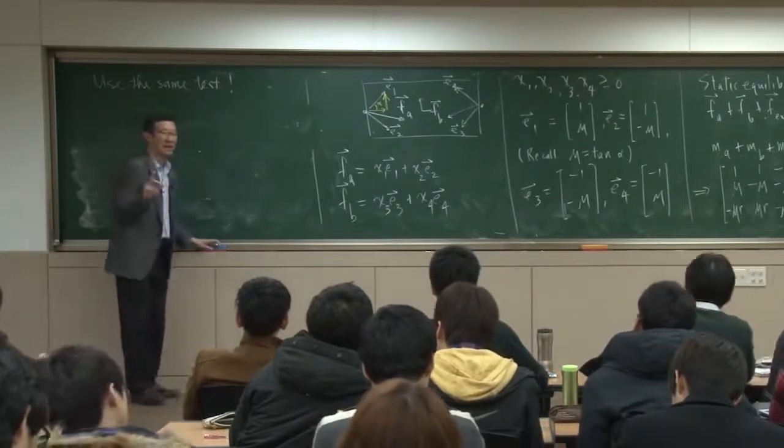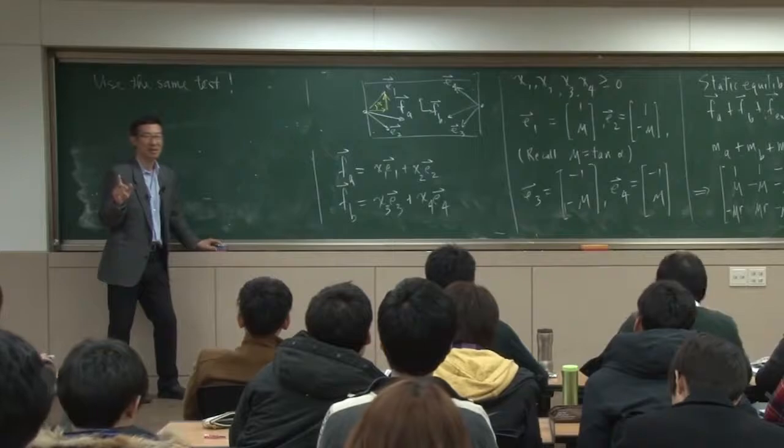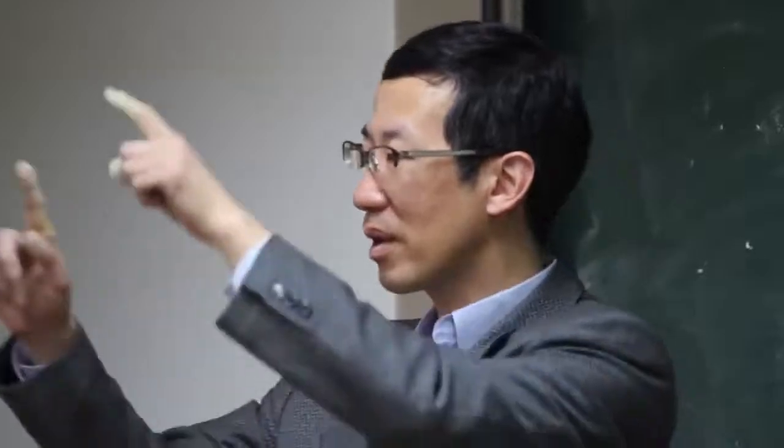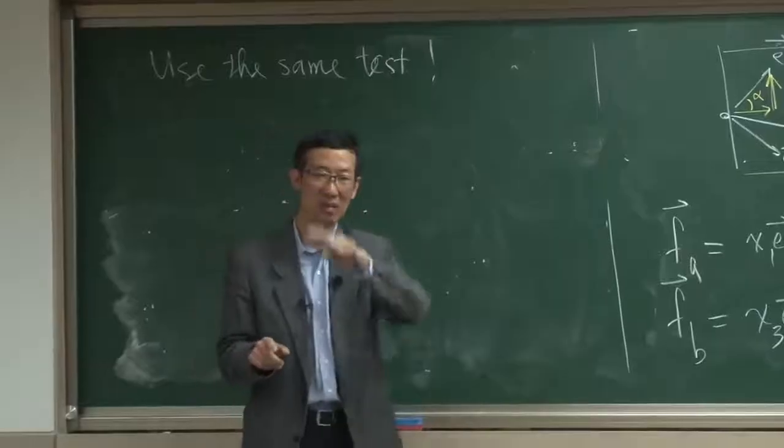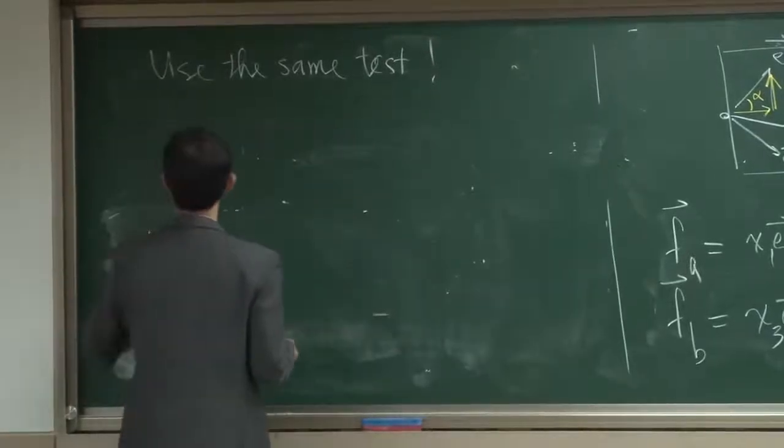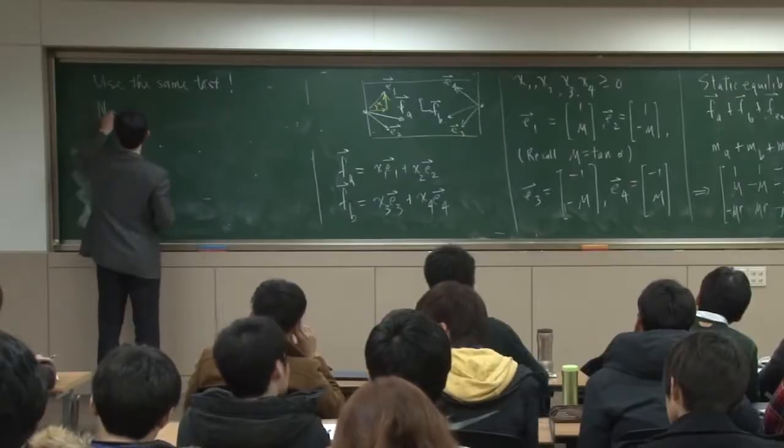There's actually a very nice result. For the 2-finger case, the point contact with friction case, it answers this question in a very geometric way, just by a simple drawing. So I'm going to tell you what that is.